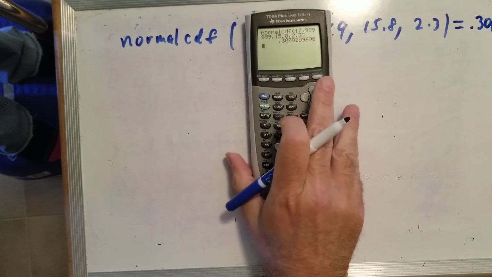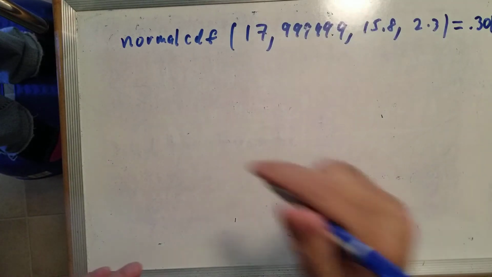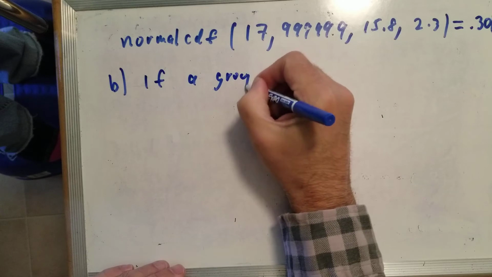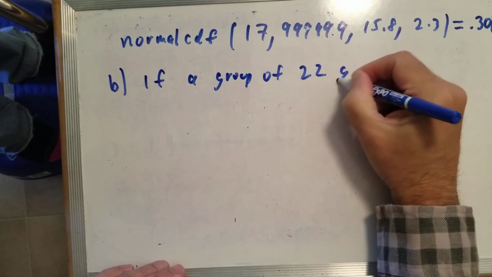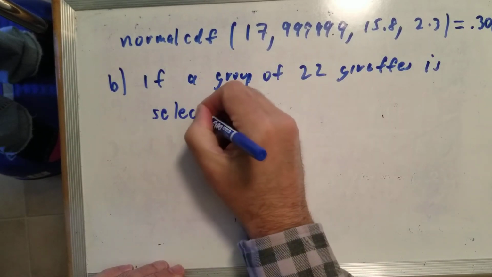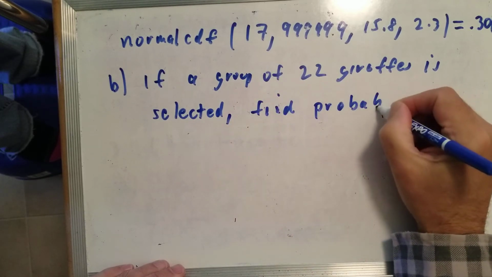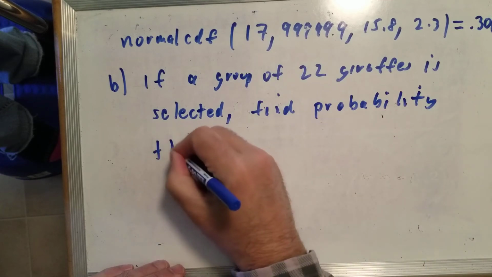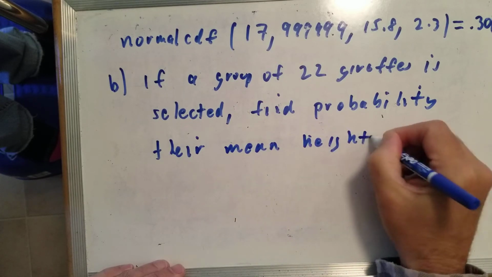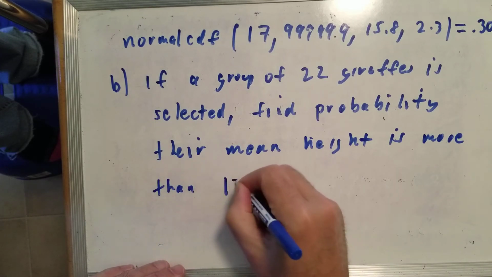We've done examples like that before, but now I'm going to do an example in which I'm going to apply the central limit theorem. So part B of this question, if a group of 22 giraffes is selected, find the probability their mean height is more than 17 feet.